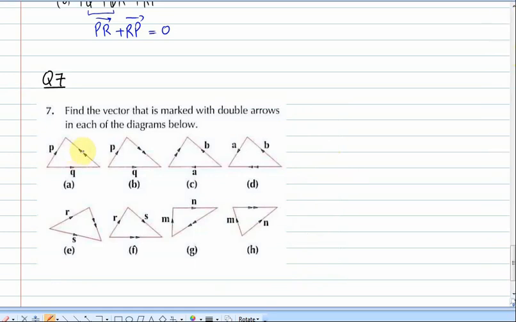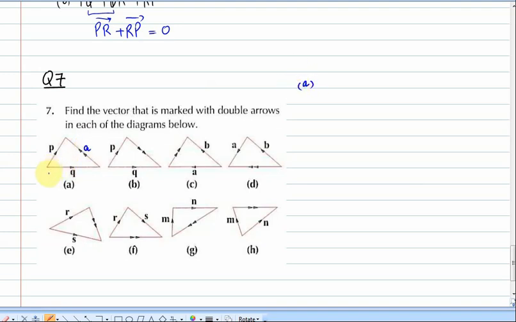So in the first part we need to find this unknown vector, right? I will start with the first part and you will do the rest. Let's suppose I mark this vector A, with the method of head to tail rule. We are talking about part A.